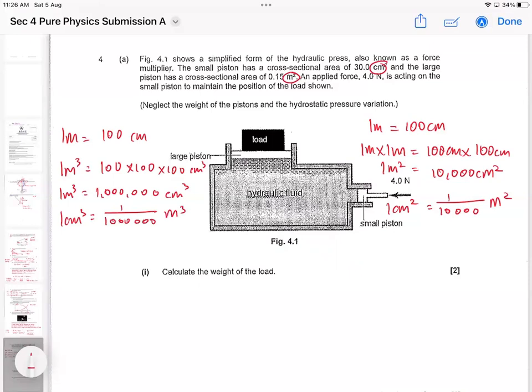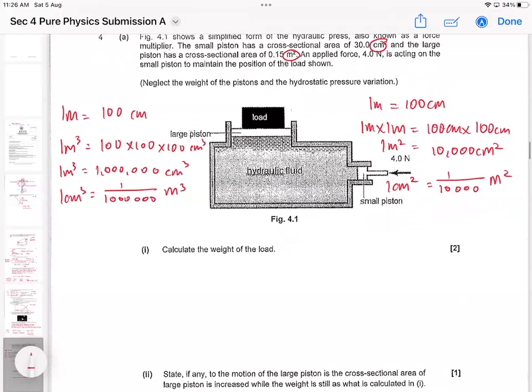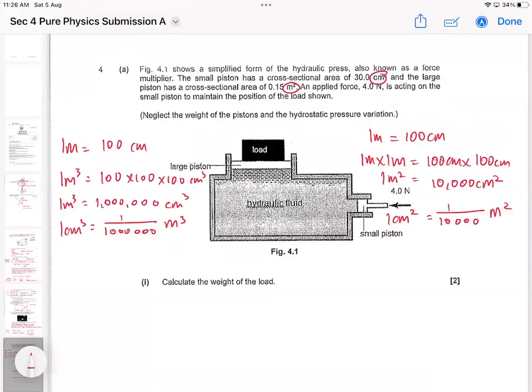Okay, that's all. Other than that, I think for the first portion, the weight of the load is whatever we can lift here, so we are assuming the pressure across both sides will be the same. The question says the small piston has an area of 30 and it applies a force of 4.